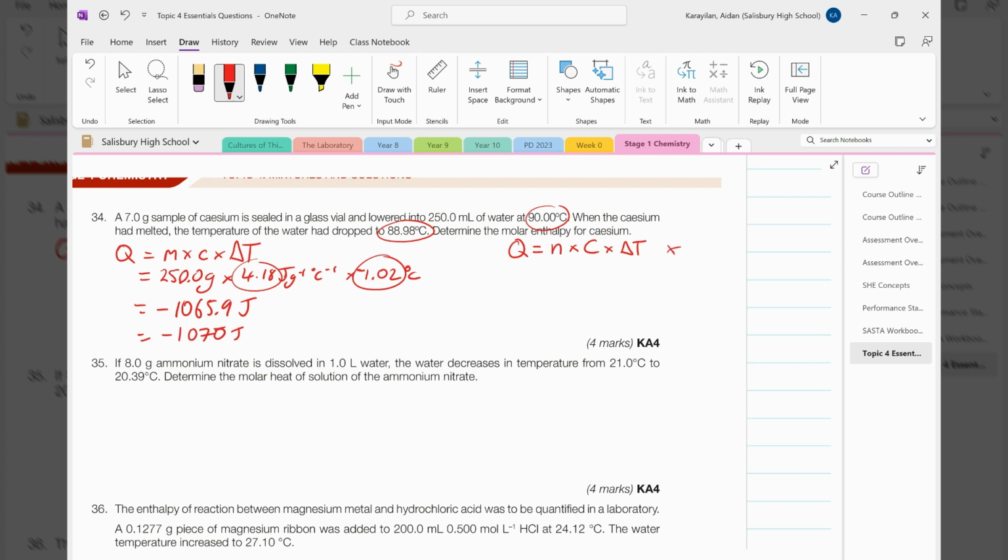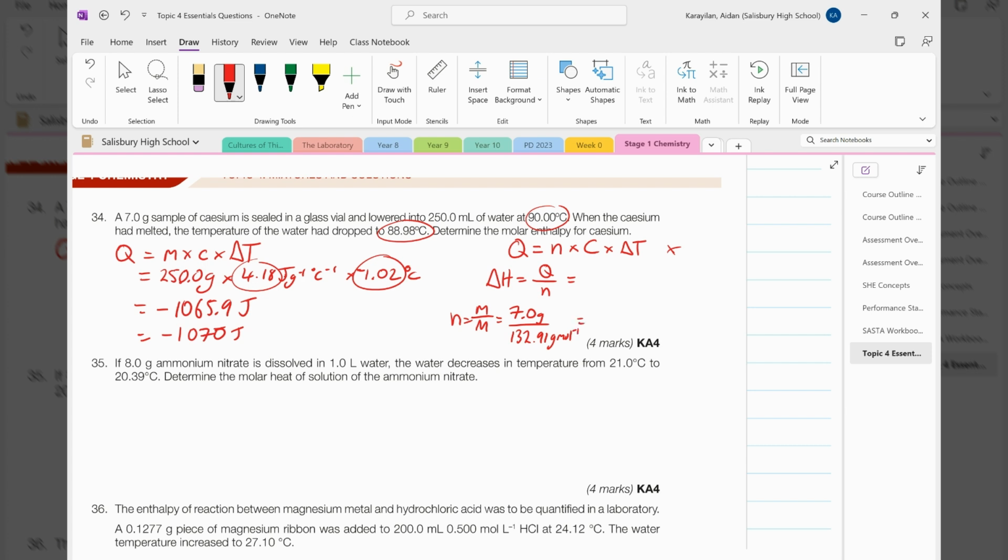So in that case, I think what we're looking for is delta H equals Q divided by n. In which case, n is equal to mass over molar mass, which is 7.0 grams divided by the molar mass of cesium, Cs, which is 132.91 grams per mole.